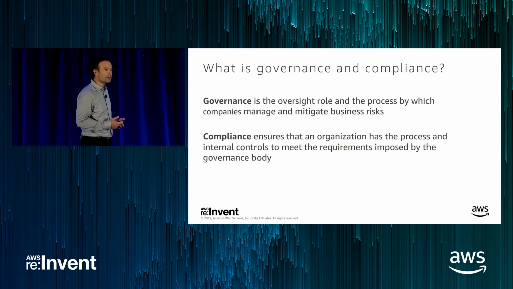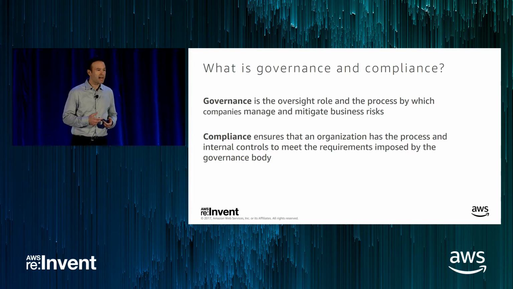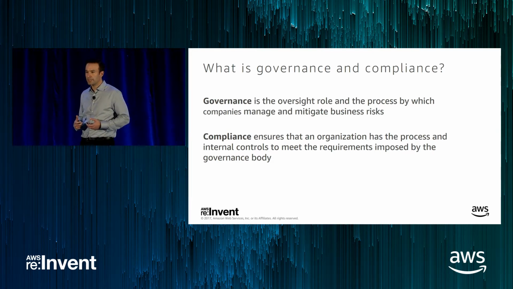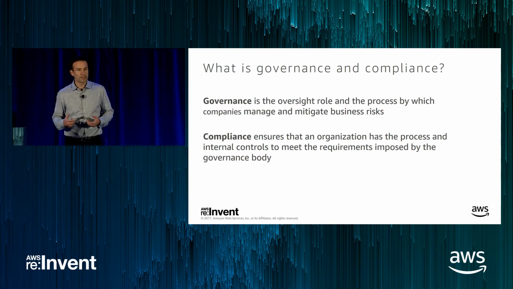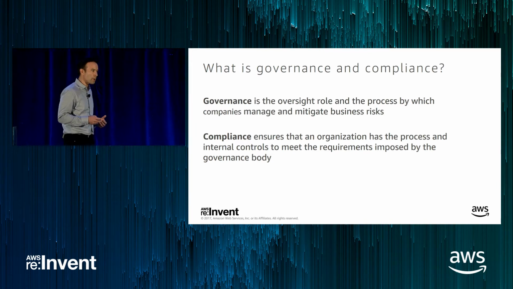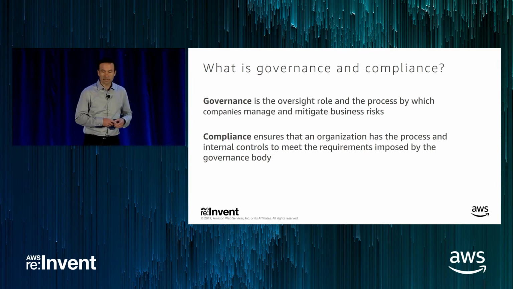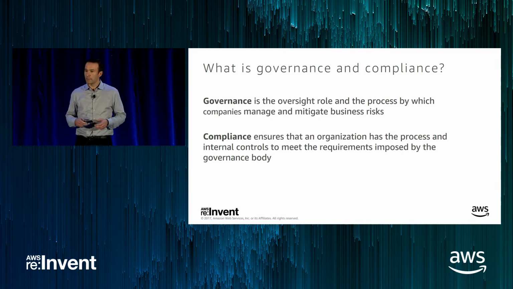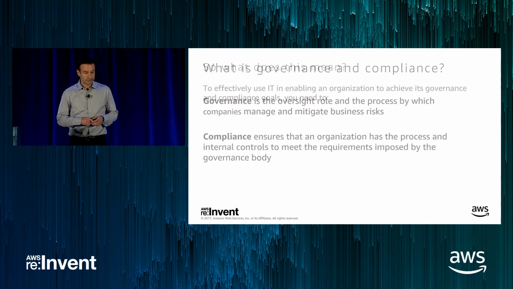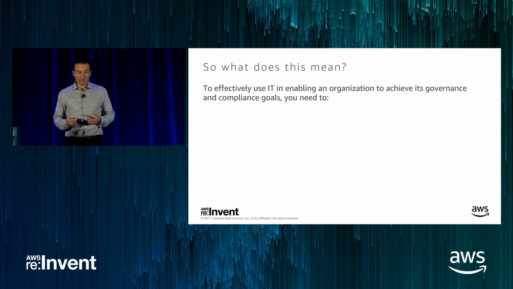And that could be both internal and external, right? So I could have international frameworks that I've got to adhere to controls around. I could also have internal auditing that's the governance body and has set their own set of best practice controls. So it could be a combination of both in most cases, and in fact, in most cases, it is. So what does this mean?